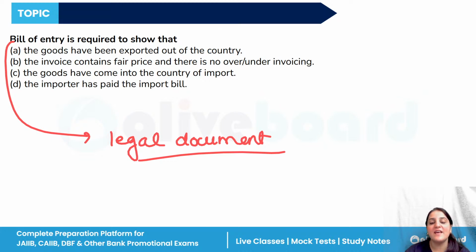It serves as a declaration of the details of the goods, which includes their nature, quantity, and value, and is necessary for customs clearance. So the goods that have come into the country of import require bill of entry. Okay.